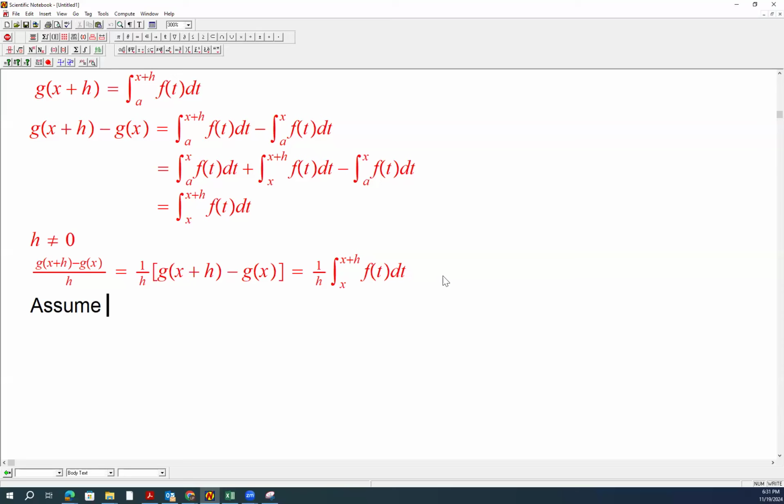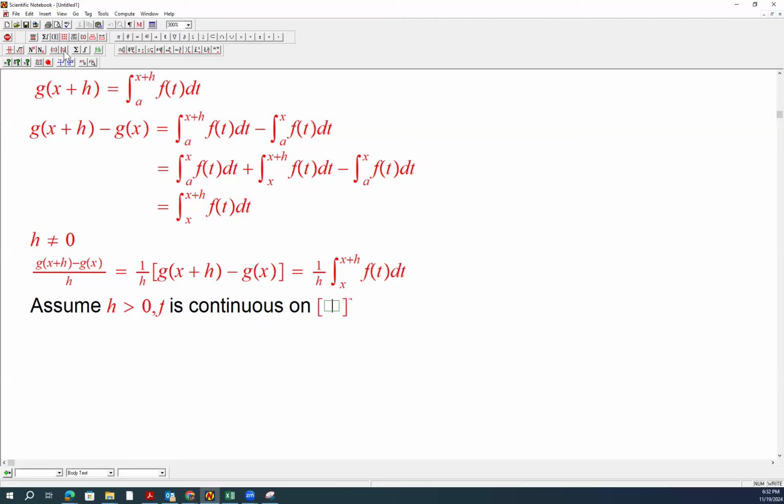Assuming, just for convenience, that h is positive, we know that f is continuous.